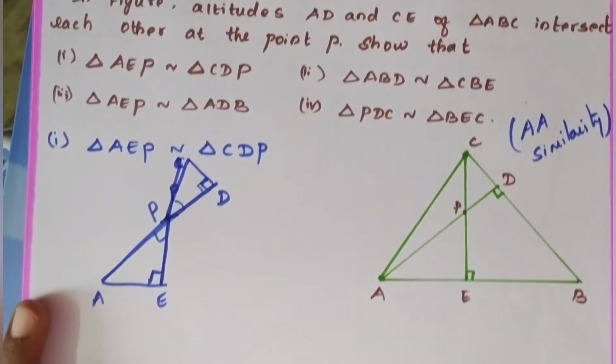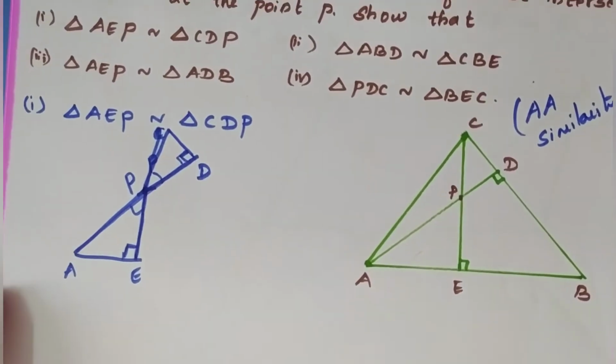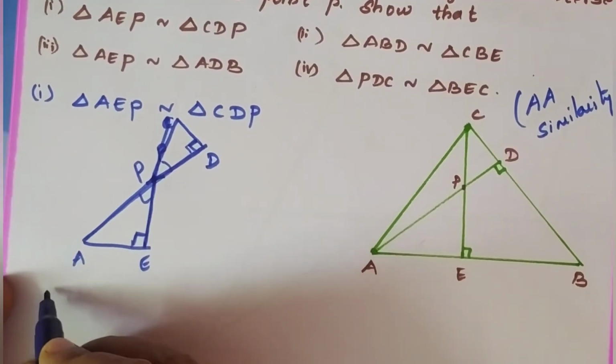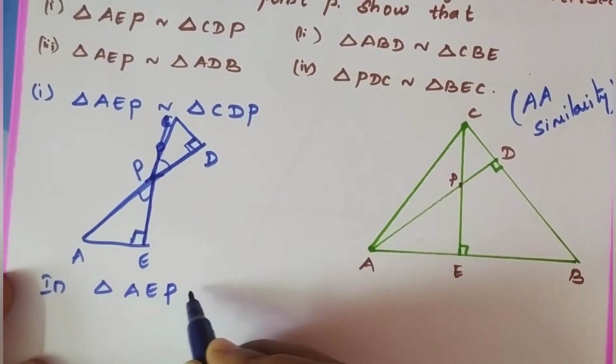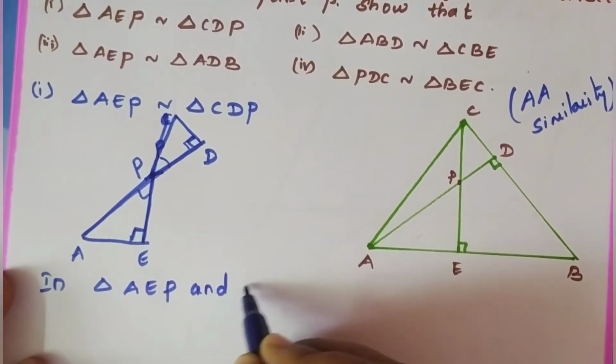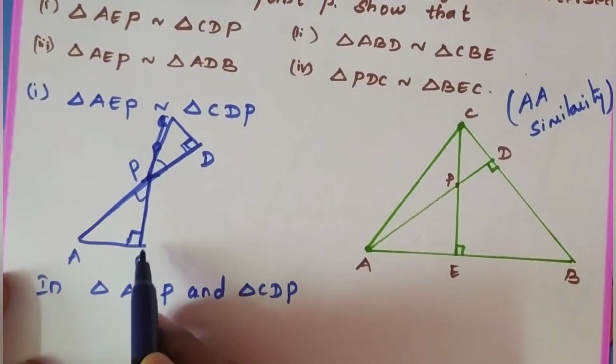Clear? We found that by using this similarity only, I'm going to prove. Okay, so first take a triangle. In triangle AEP and triangle CDP, the two triangles, this angle is equal.